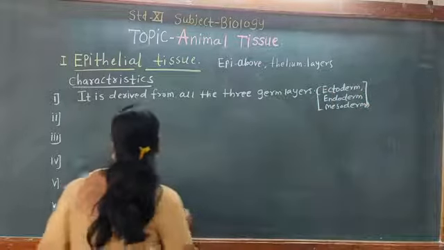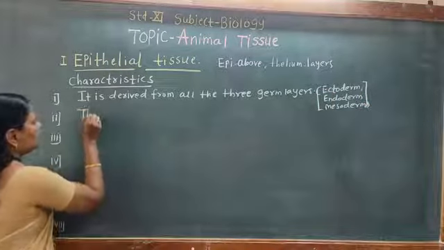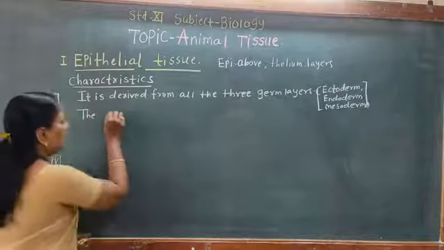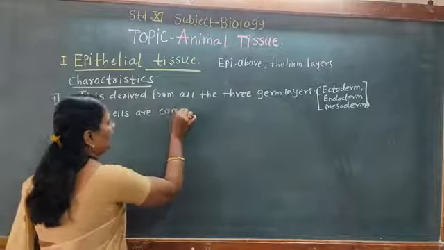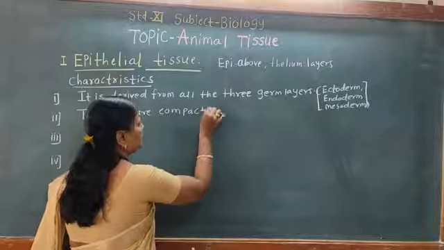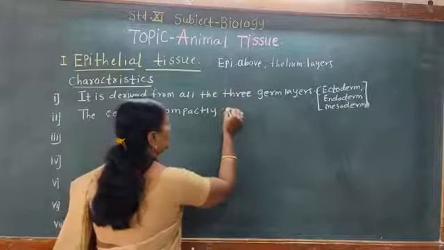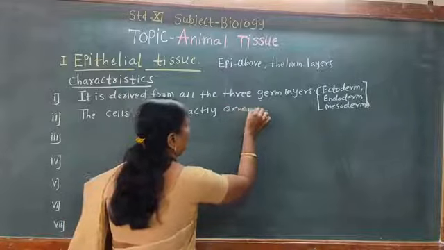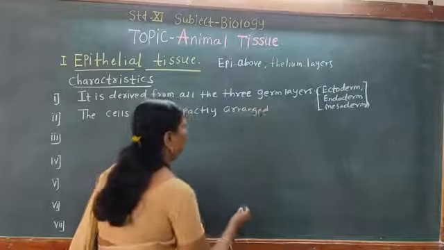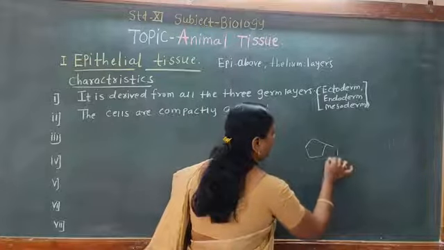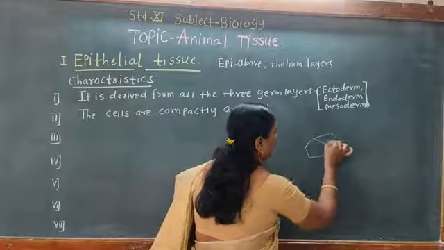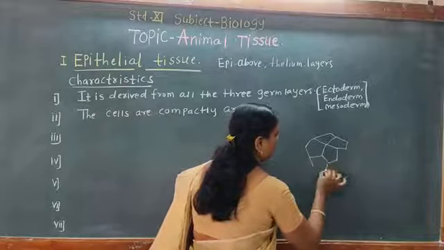Then next, the cells of this tissue are compactly arranged. What is the meaning of compactly arranged? Compact means closely arranged. The cells are very close to each other and there is no space between these cells.